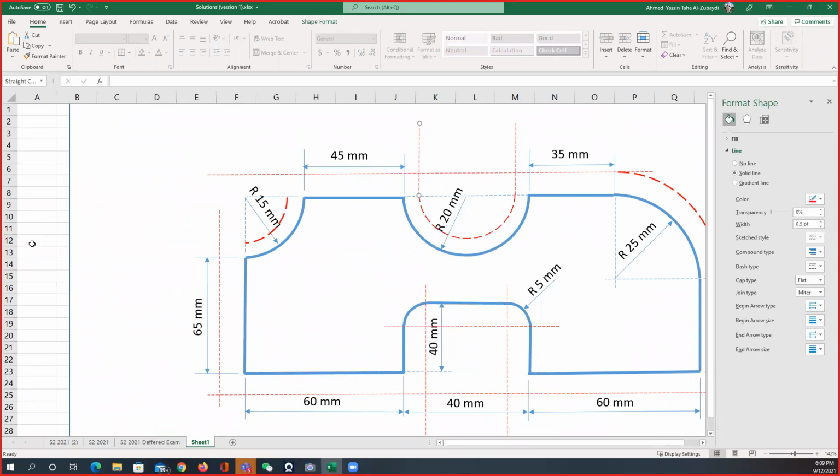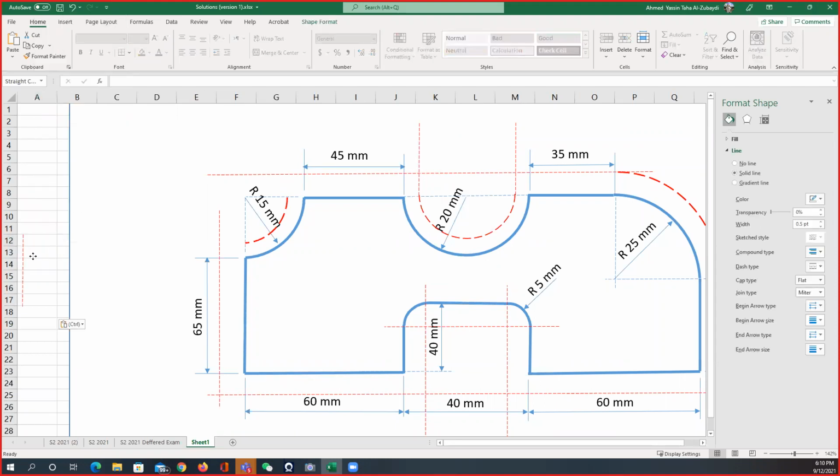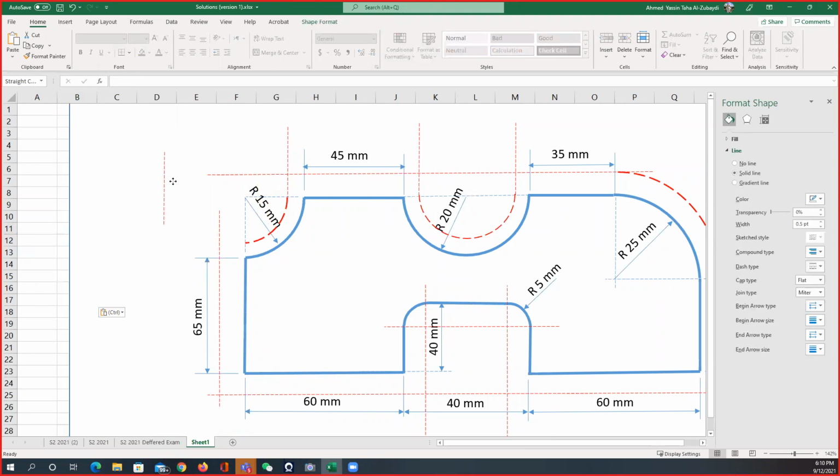So copy, paste. Okay. And paste. This one is going to be horizontal. And done.